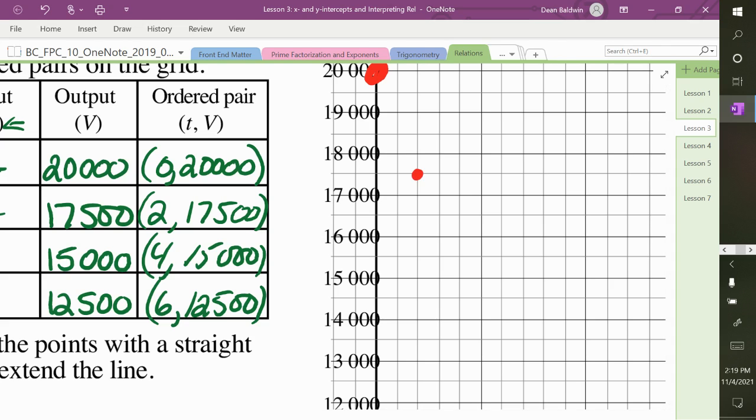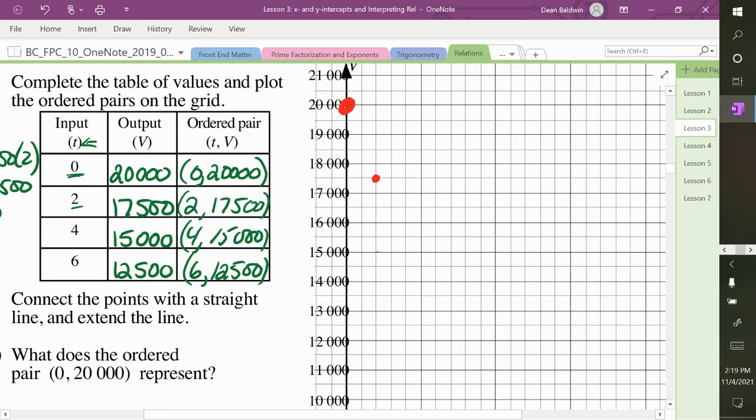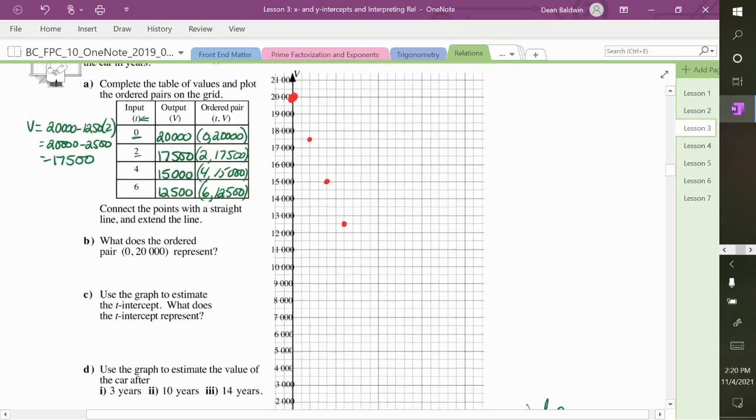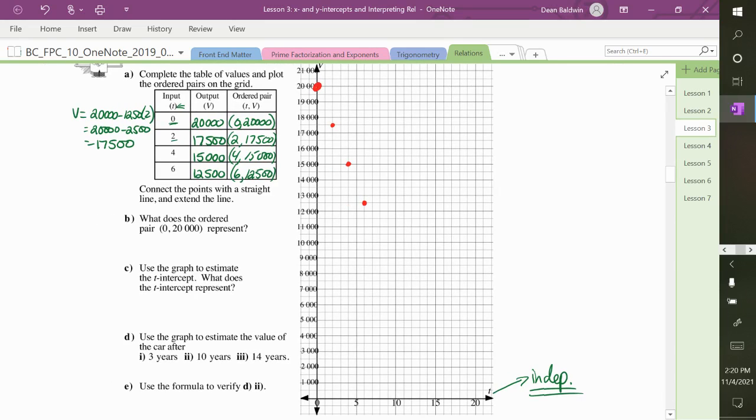And then we go to 4 and 15,000. 1, 2, 3, 4, and 15,000. And the last one is 6 and 12,500. Which is right there. So essentially you get, can I fit it all in one? There. So you get something like that.